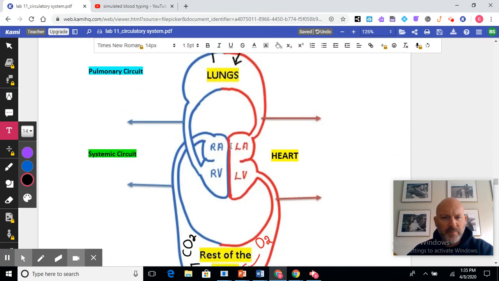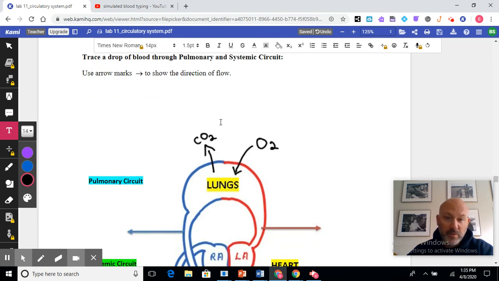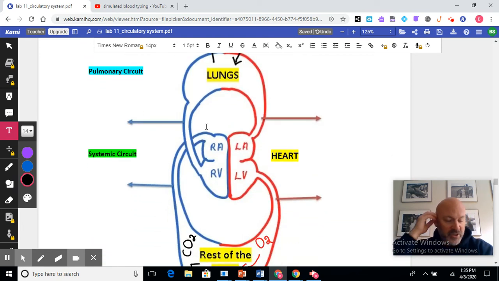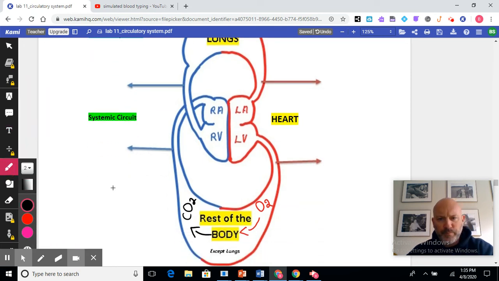Moving on here. What do we have to do here? Use arrow marks to show the direction of the flow of blood. All right. Well, where do we want to start? Let's start in the vena cava. We don't really know if this is the superior vena cava or not, so we'll just say this is one of the two vena cava. And the blood is coming up, and it's going to drain into the right atrium.